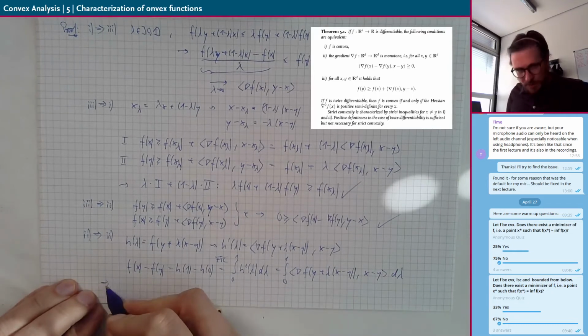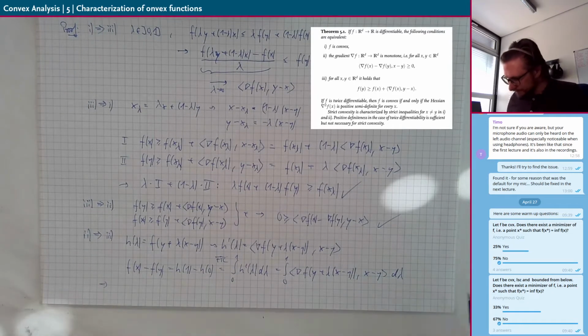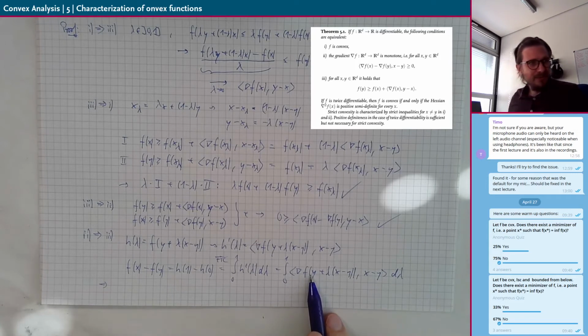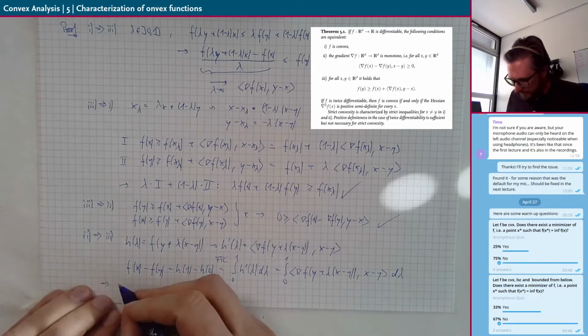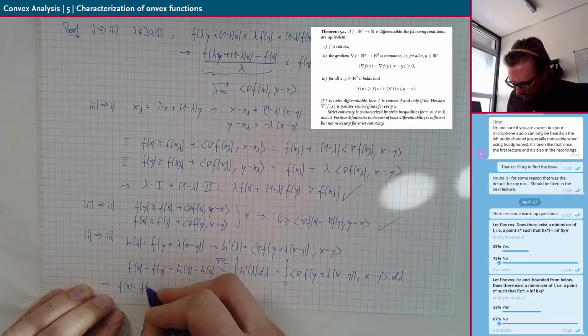So what we do now is we subtract the gradient of f at y times x minus y, so that we get here what we want.